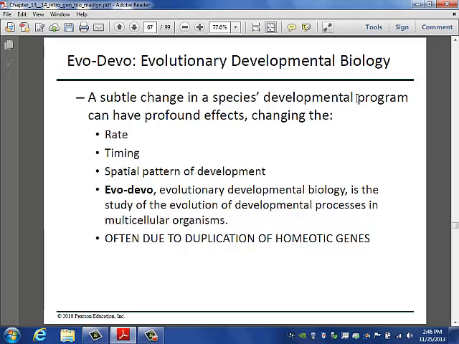Evo-devo, evolutionary developmental biology, is a study of the evolution of developmental processes in multicellular organisms. Often due to the duplication of what?